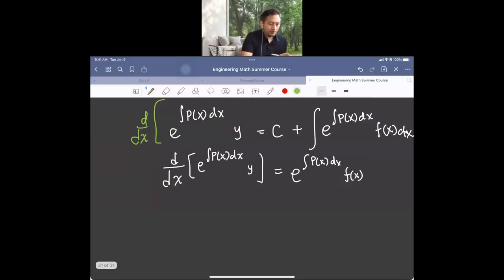Now we differentiate the left side using the product rule: e to the integral of p(x) dx dy/dx plus p(x) e to the integral of p(x) dx y.